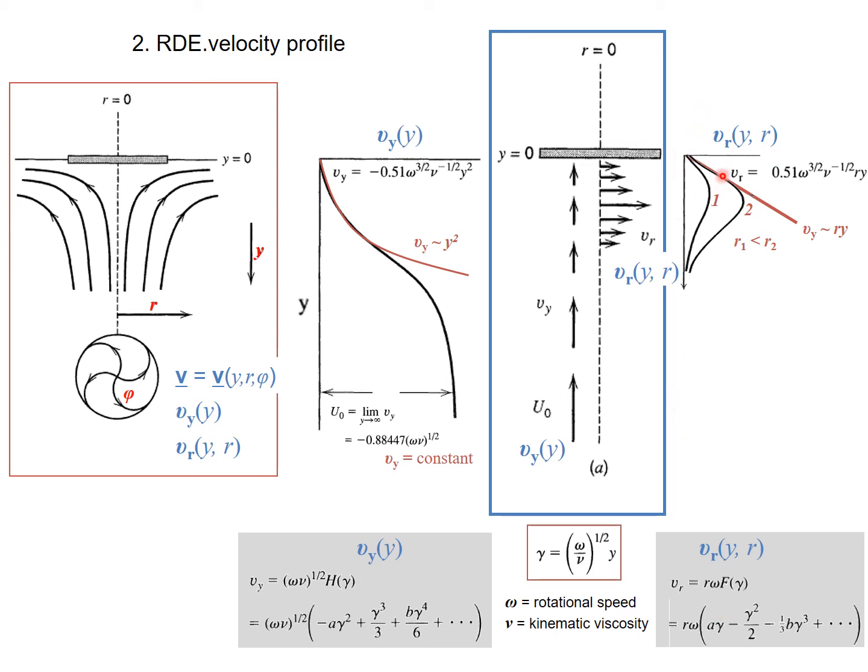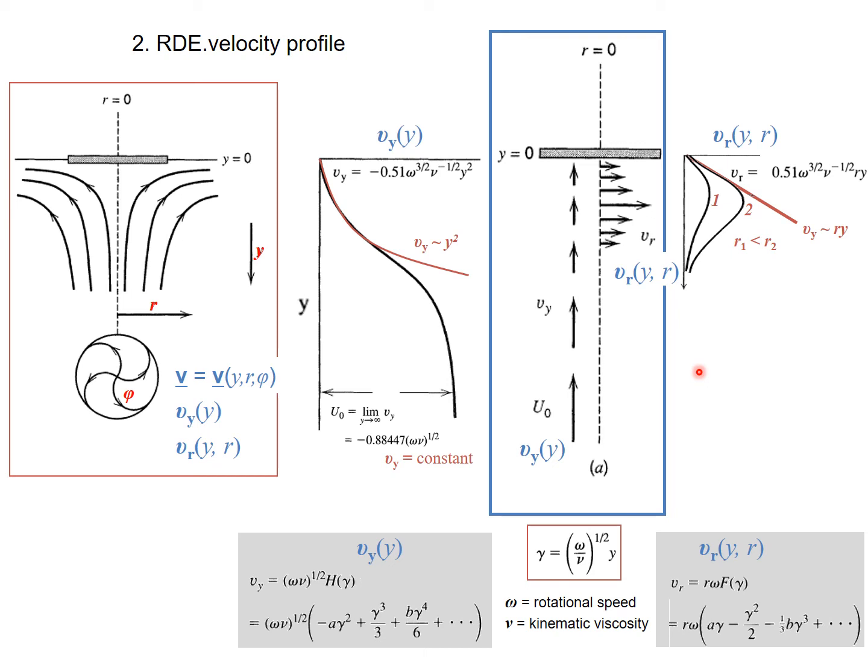At a location far from the surface of the electrode, of course the radial velocity is 0. You have read the same thing in the boundary condition in the previous slide.